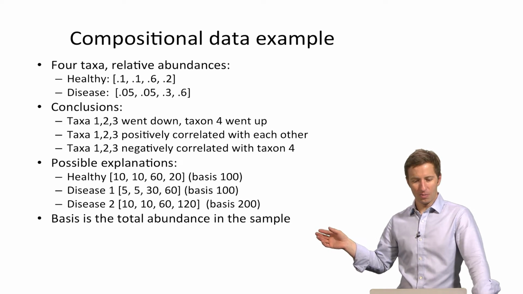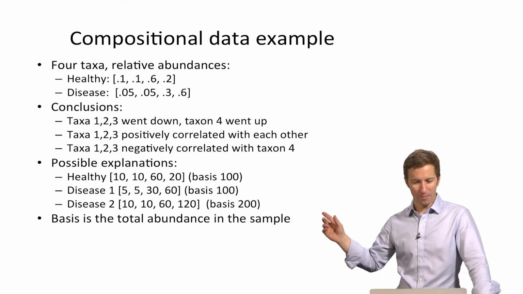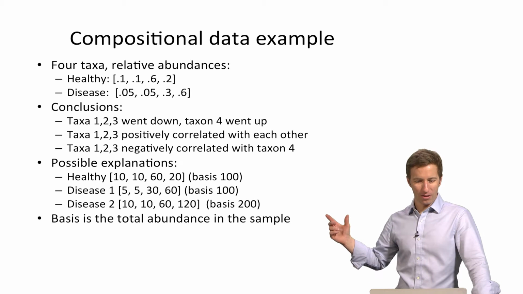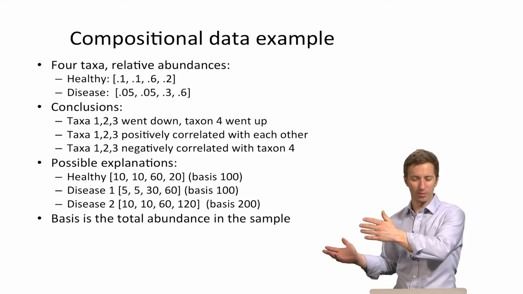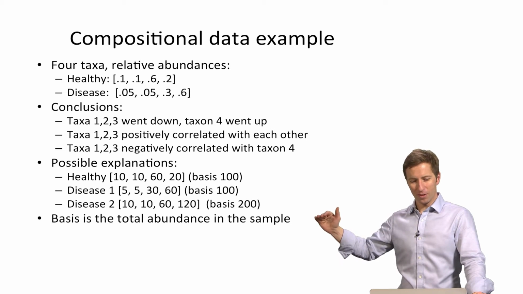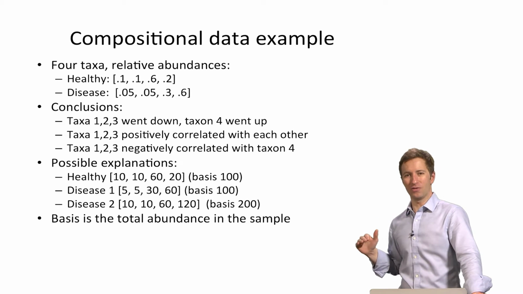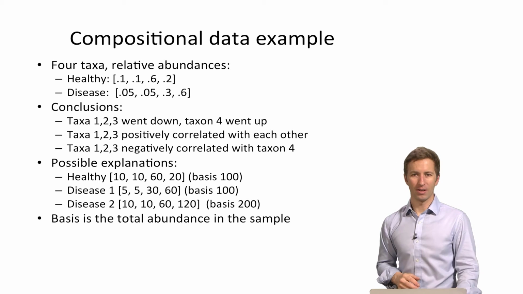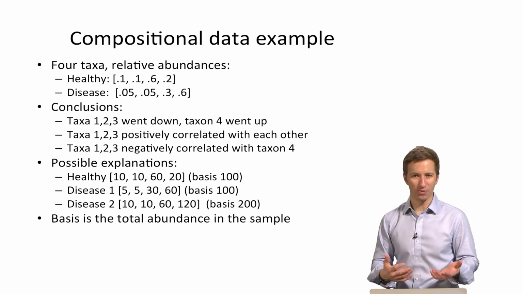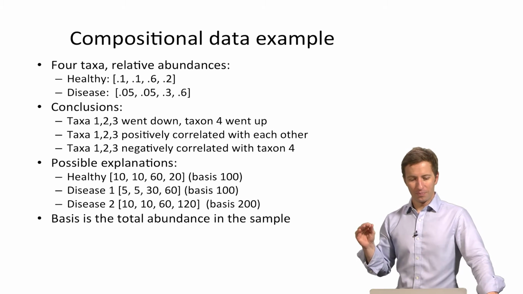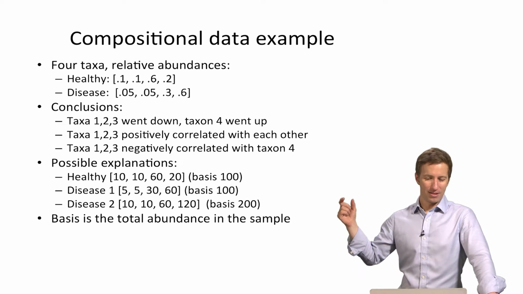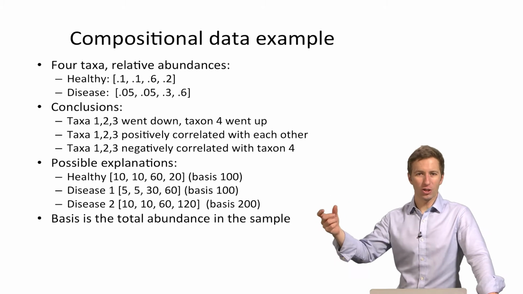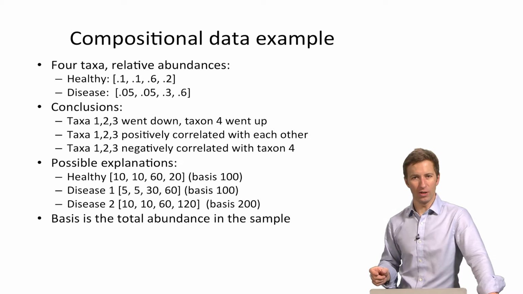Now, if we assume that the disease sample had a basis of 100, then the conclusions would be the same as they were with the relative abundances, because the bases are the same. But if you instead assume that the disease sample had a basis of 200, so the total count, this could be number of cells per gram of stool, for example, then the disease subject would have actual abundances of 10, 10, 60, 120.